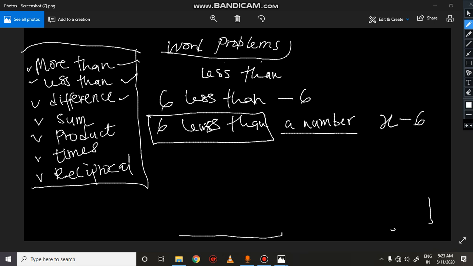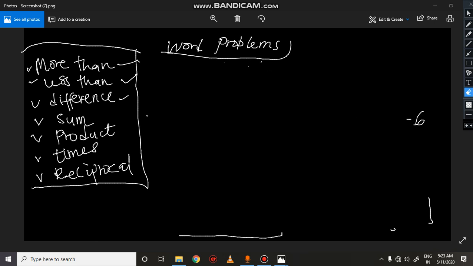Then it comes to difference. Let me erase this real quick. When it comes to difference, this is how it is.